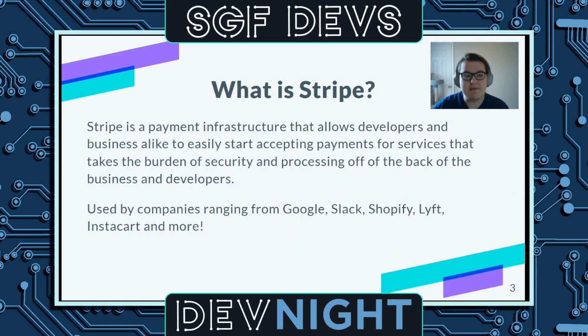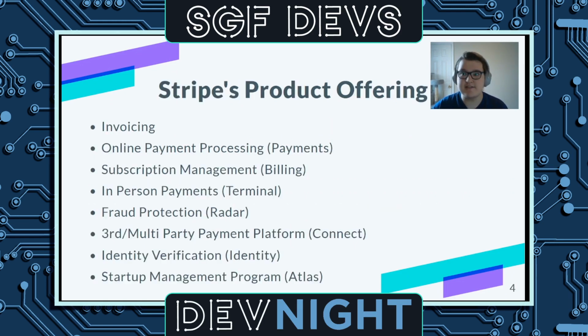Stripe, as I kind of alluded to already, is a lot more than just payment processing. They can do invoicing, if you're a small business and you need to send an invoice for services you've done. Their most commonly used product is going to be their payment system.